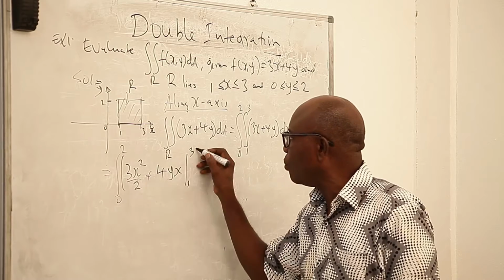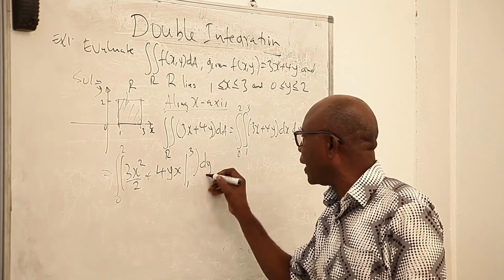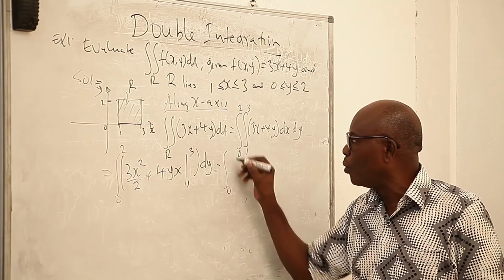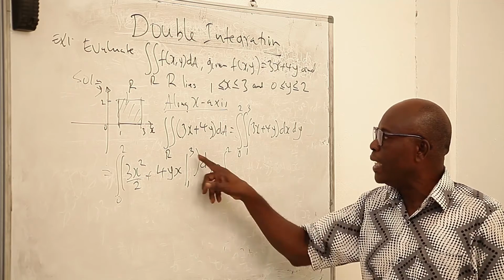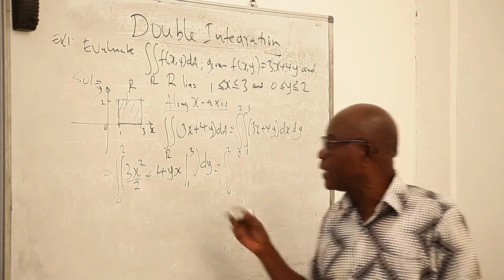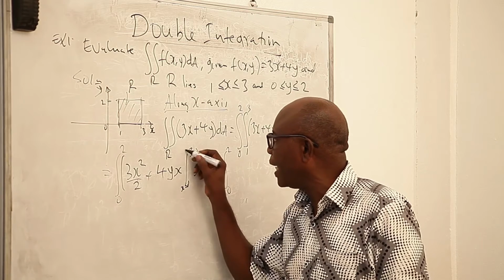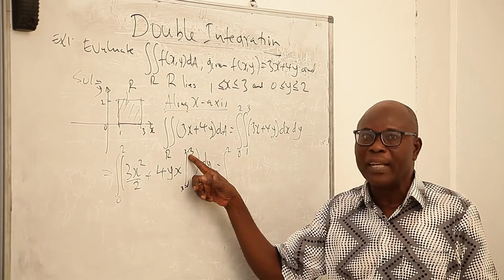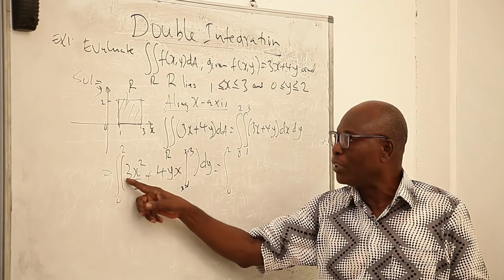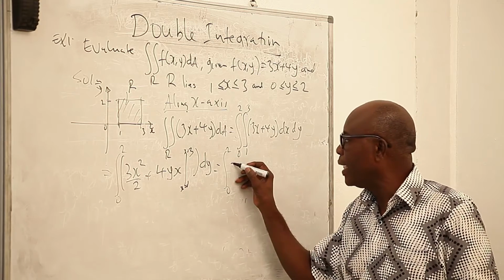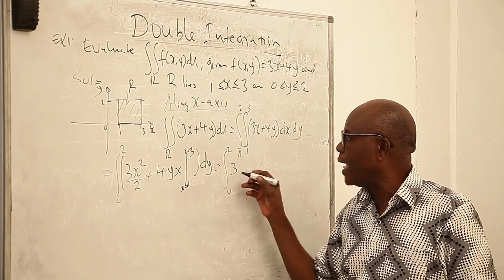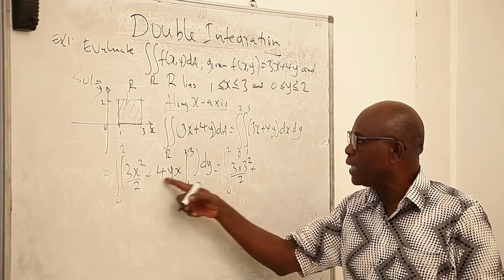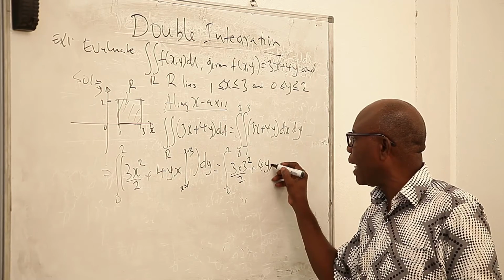Now let's put in the upper limit, where x equals 3. Wherever you see x, we replace x with 3. So we're going to have 3 times 3 squared over 2 plus 4y times 3.